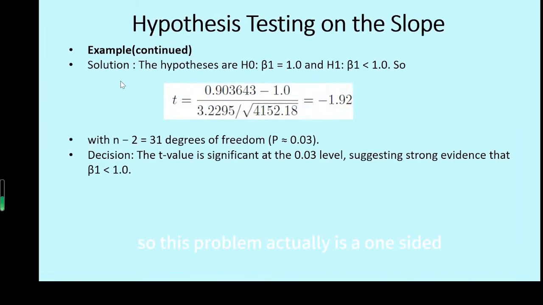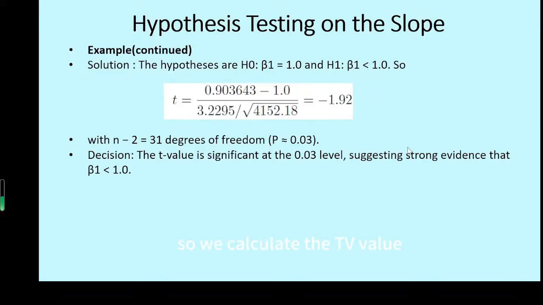So this problem is a one-sided t-test. We form the hypotheses: H0 is beta 1 equals 1.0 and H1, the alternative hypothesis, is beta 1 less than 1.0.